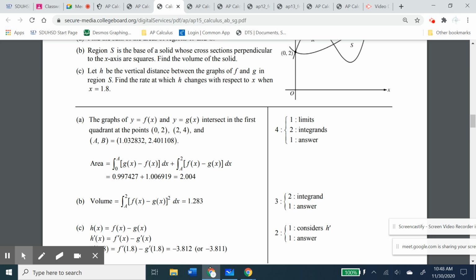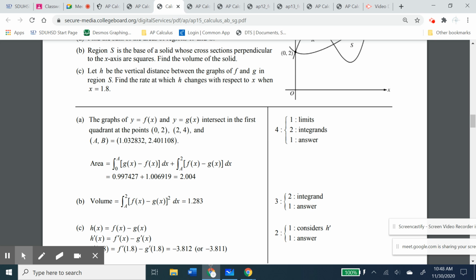1 point was for the limits. And basically, if you messed up on your limits in part A, but then used whatever you found for A to 2 for part B, you're considered correct in part B on those numbers. The integrands together were worth 2 points.